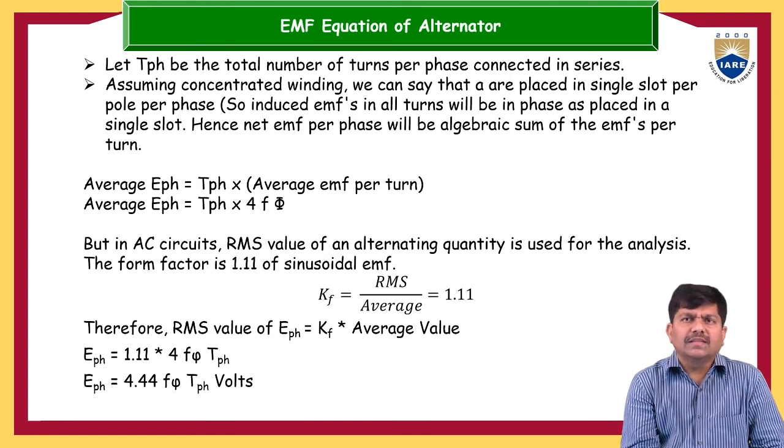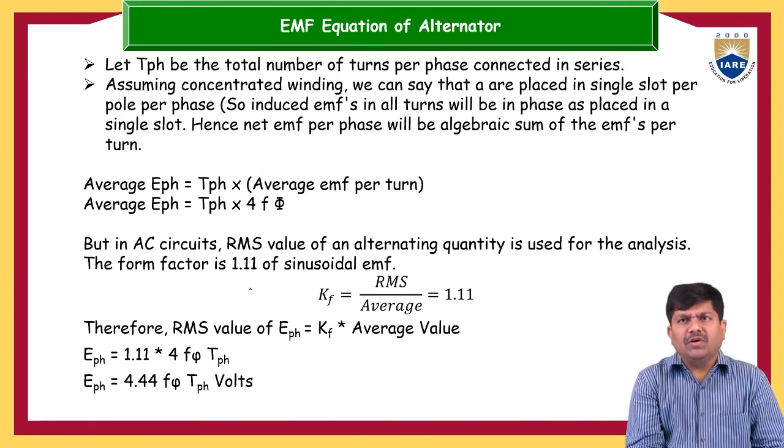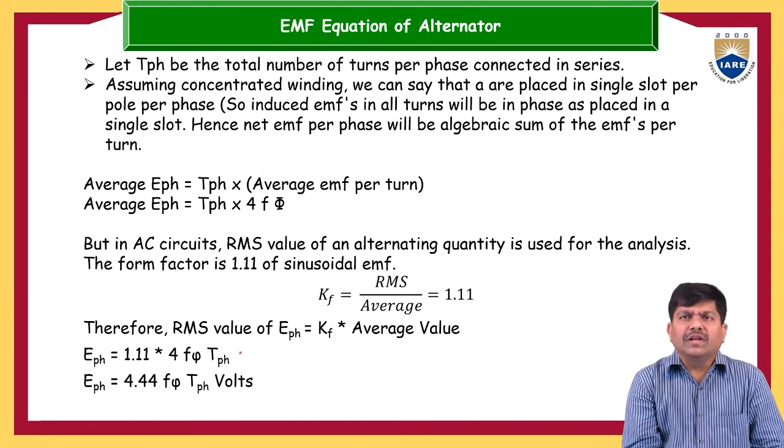We just multiply by 1.11, because that is the form factor. So finally we get E per phase, the induced EMF per one phase, equal to 4.44 φ f T phase volts.